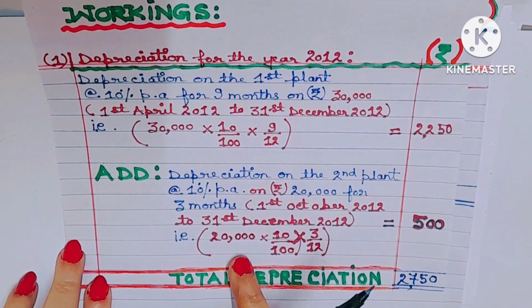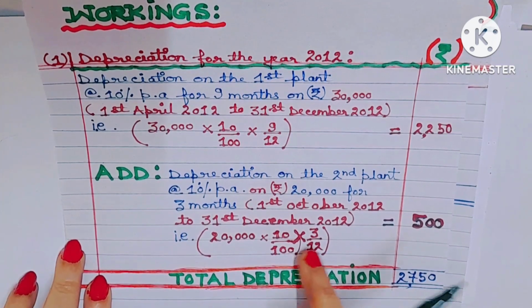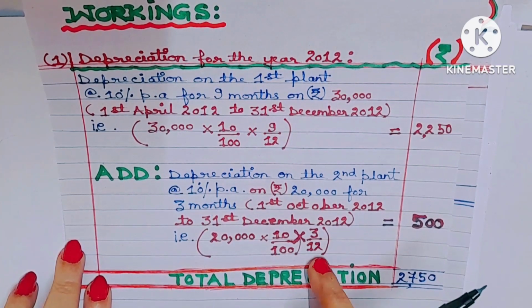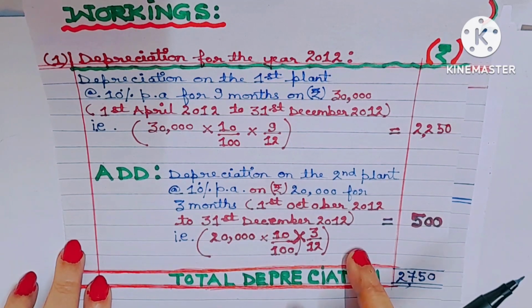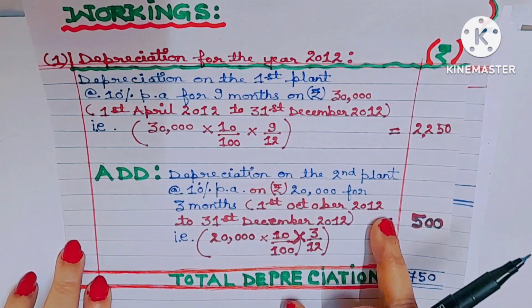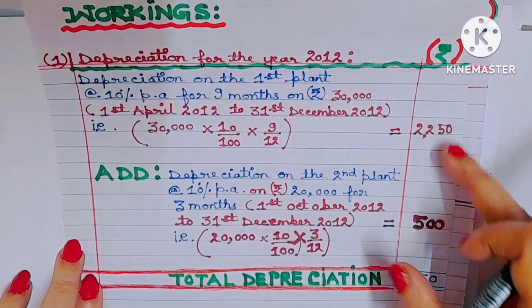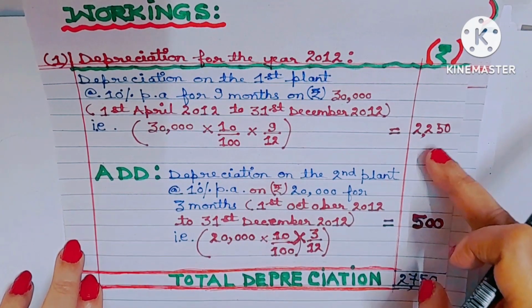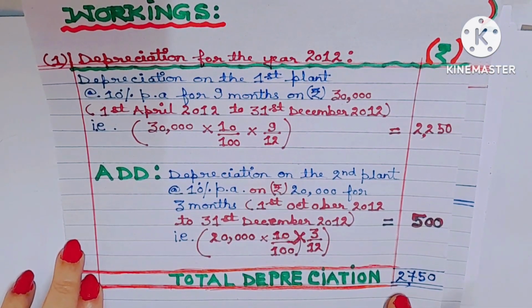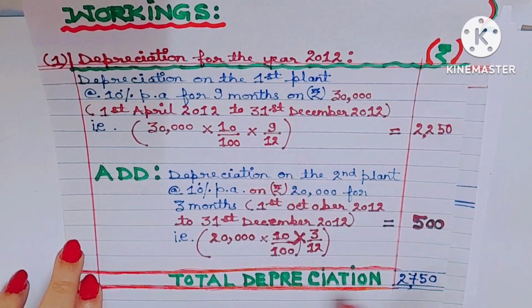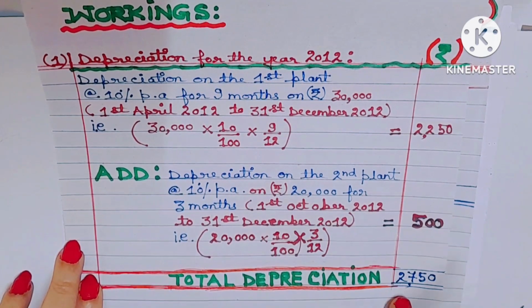That is on 20,000 into 10 by 100, 10% per annum, into 3 by 12. That is 3 months. So this will give you 500. So the depreciation for the second plant on 31st December 2012 will be 500. So if you add up these two depreciations, 2,250 plus 500, you will get 2,750. This is the total depreciation for the year 2012.